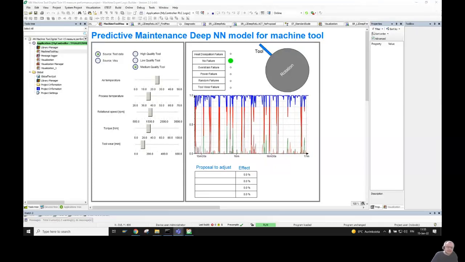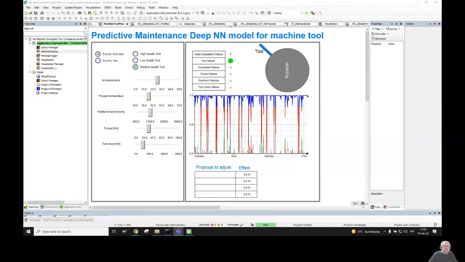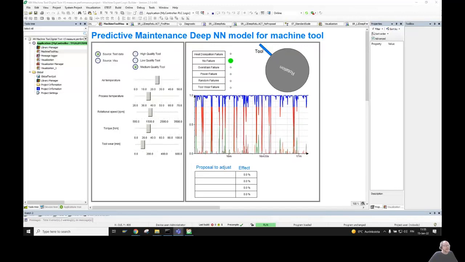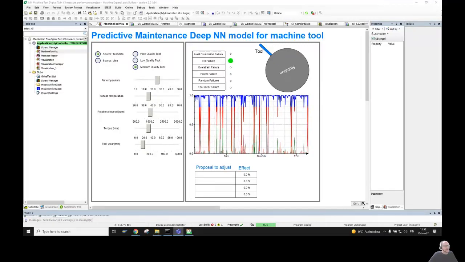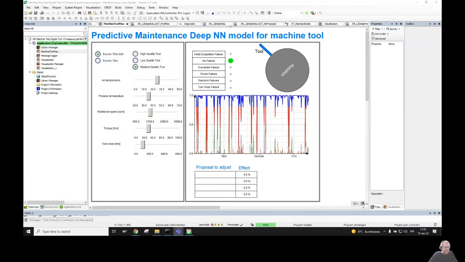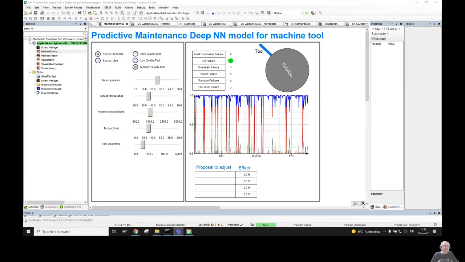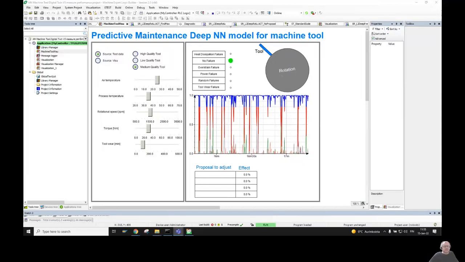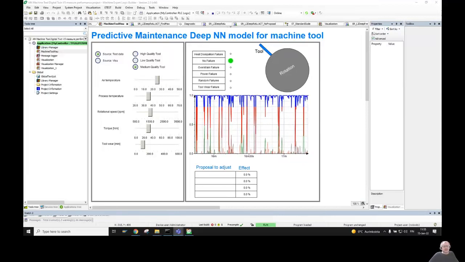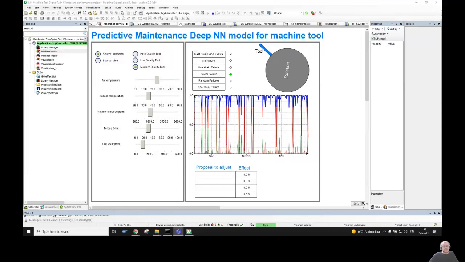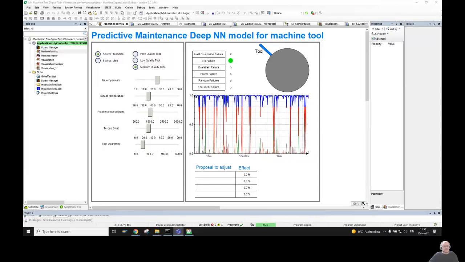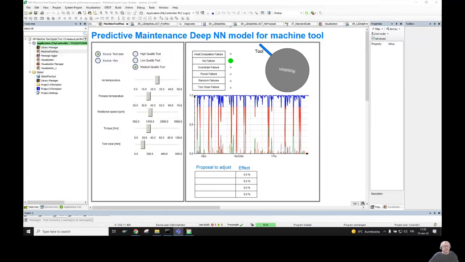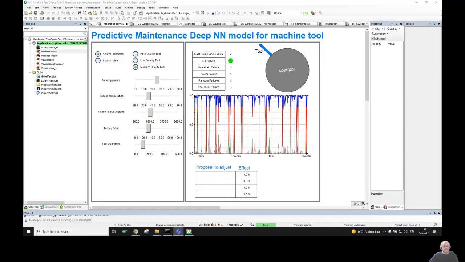Hello and welcome. I will just shortly demonstrate this predictive maintenance deep neural network model for machine tools. Today I will run it in an M262 PLC, which is a very powerful PLC, and you can run it also in a motion application and also very powerful logic applications.